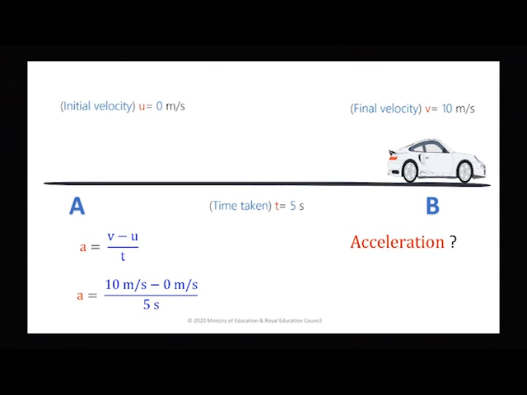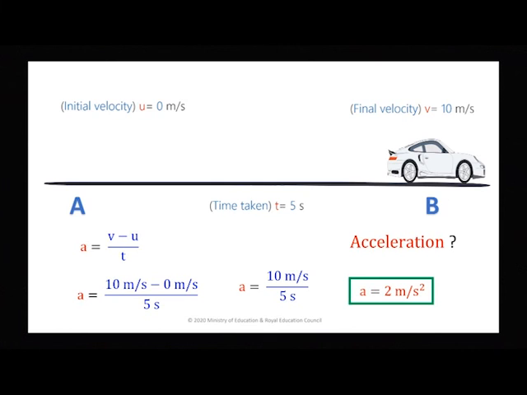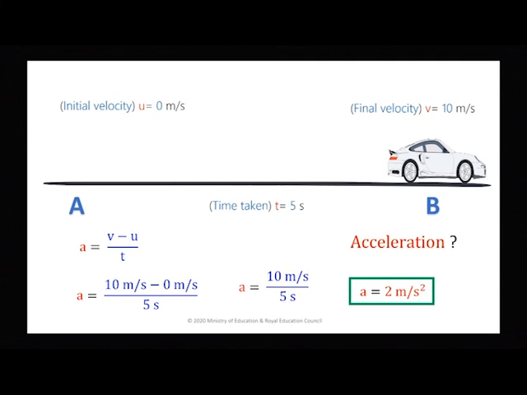If you plug in the values and simplify, 10 meter per second divided by 5 seconds will yield the answer 2. 10 divided by 5 is 2, and the unit is meter per second per second. So this is the acceleration. When a body moves from one place to another with a change in velocity, and if there is some time taken, then we can calculate acceleration.